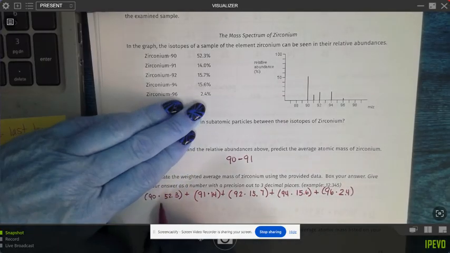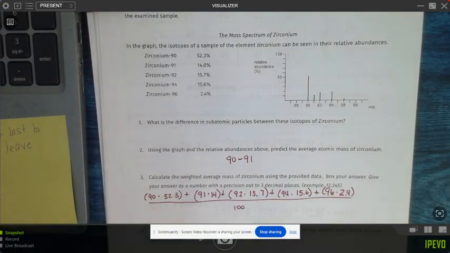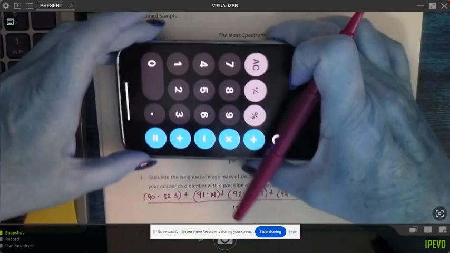Now if I do this math and calculate it all out, let's see how close my estimate is.